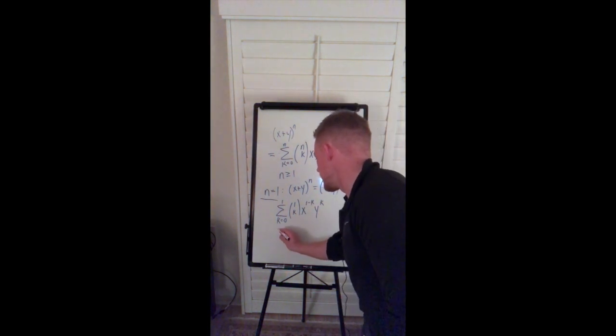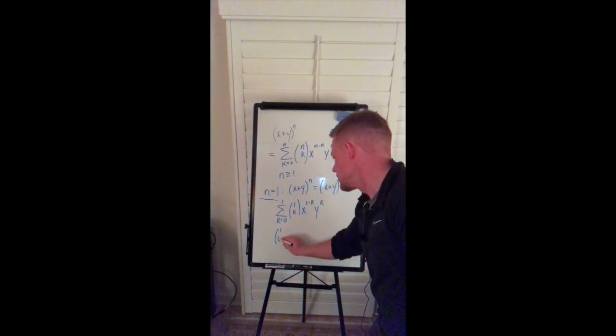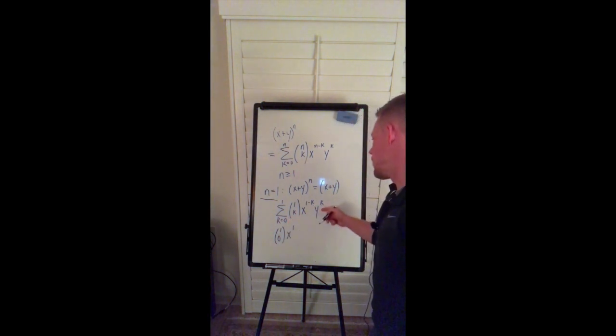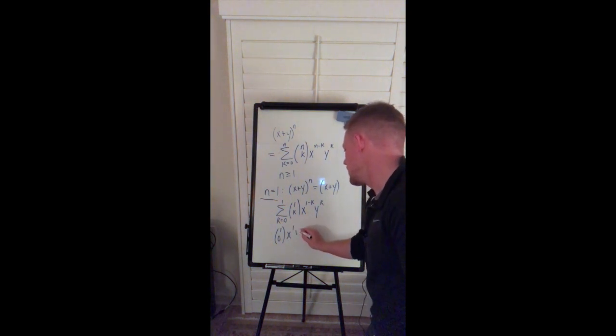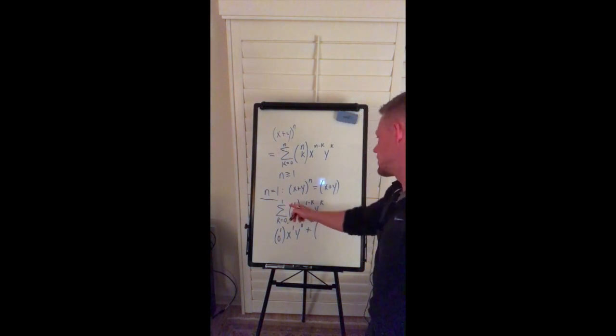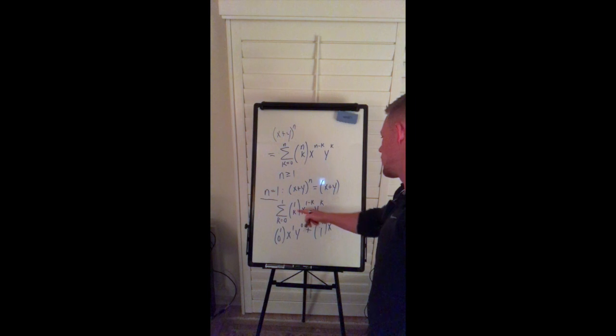So I'm going to bring the sum down here, and we have first, starting at 0, 1 choose 0 of x^(1-0), which is x^1, which is x, y^k, which is y^0, plus, what's our next k? We increment up to 1. We want 1 choose 1 this time, of x^(1-1), which is x^0, y^1.